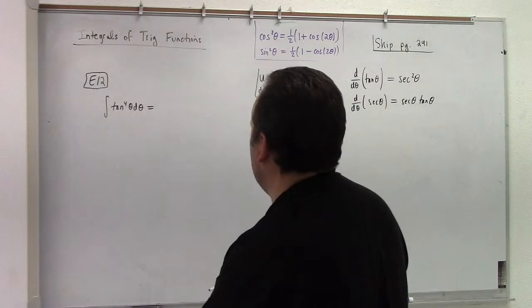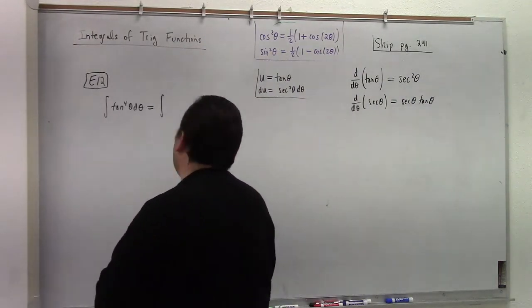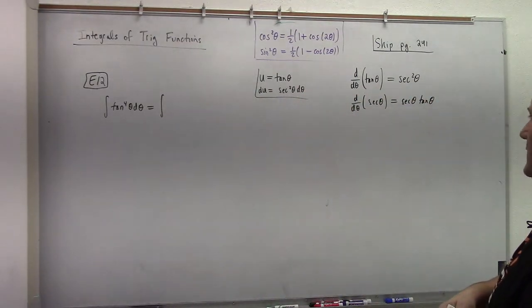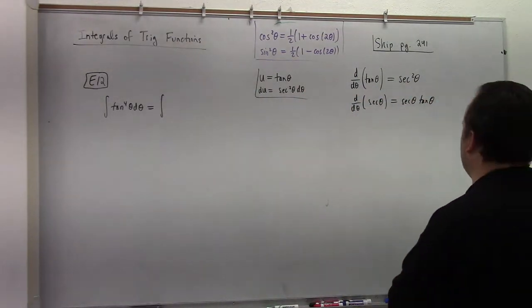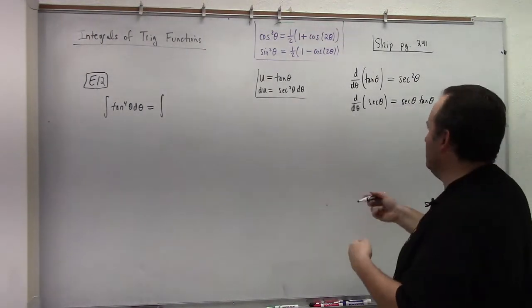Well, if I make u equal to secant, I need a secant tangent to get the du.